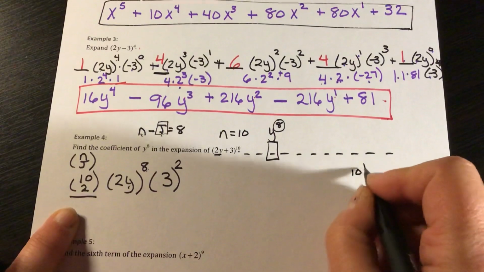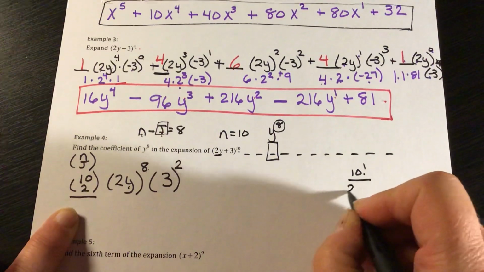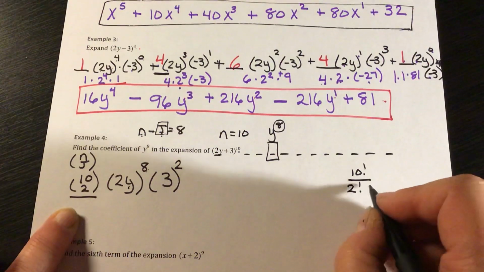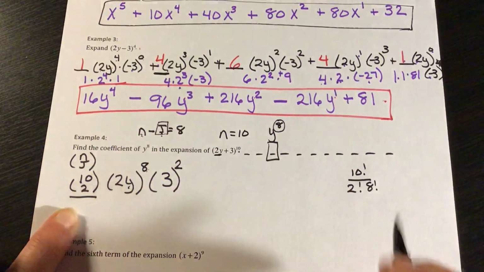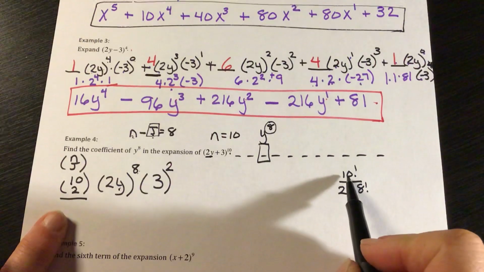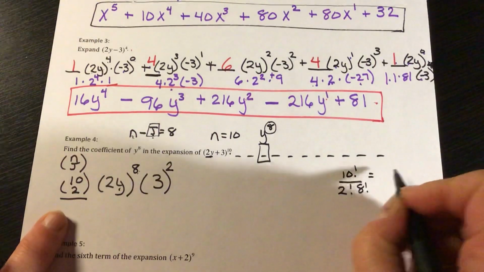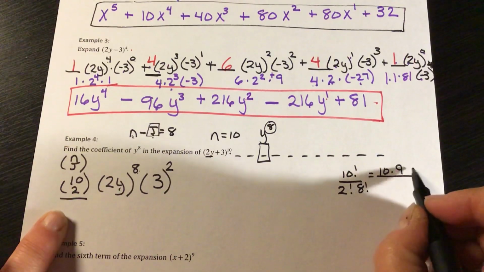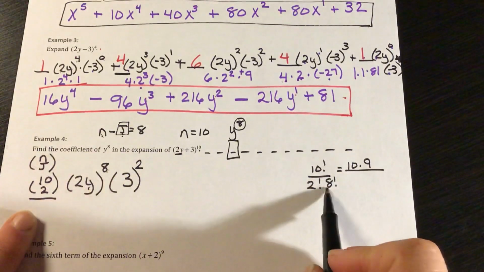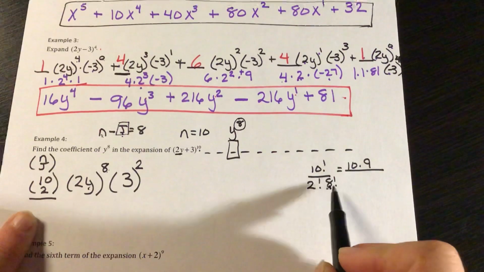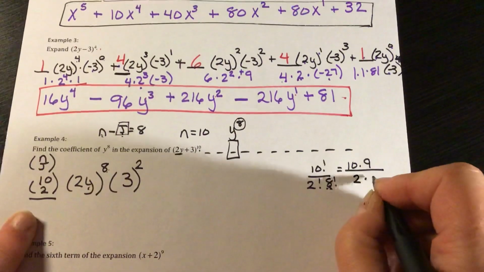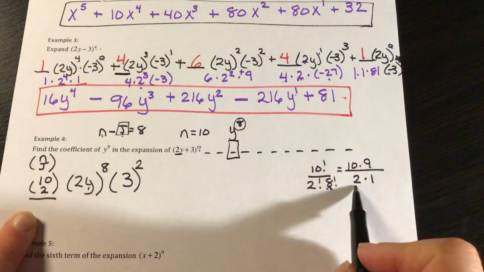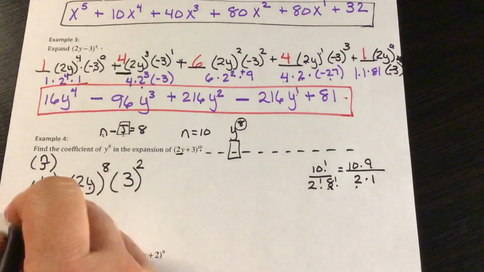So I have 10 factorial over 2 factorial, and 10 minus 2 factorial is 8 factorial. This is going to be 10 times 9, and then 8 factorial, 8, 7, 6, 5, 4, 3, 2, 1, will cancel with 8 factorial. And this is 2 times 1. So this is 90 divided by 2, which is 45.